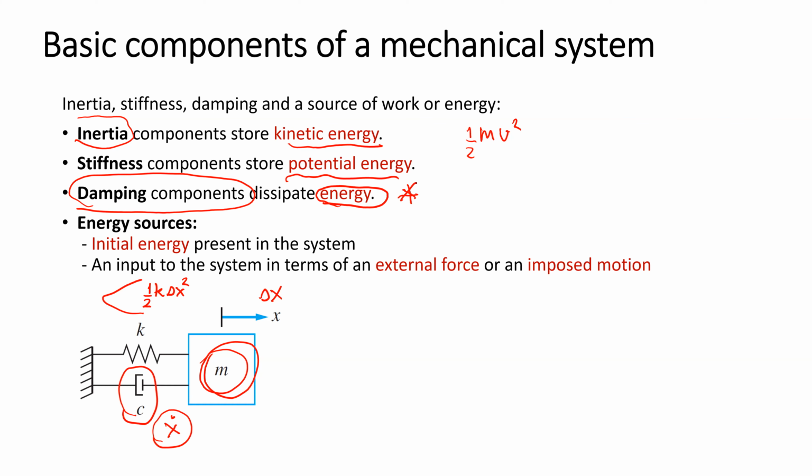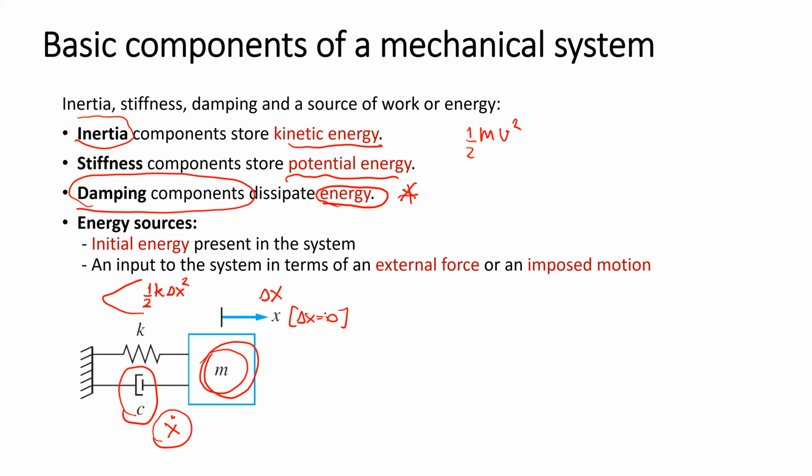And the energy source to the system. Now, if the system begins from the equilibrium point, the free length of the spring, if it begins from delta x equal to 0, and we don't have any additional force applied to the system, it's not going to move.